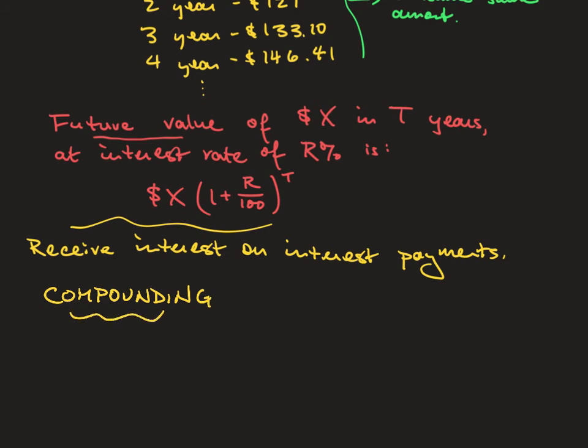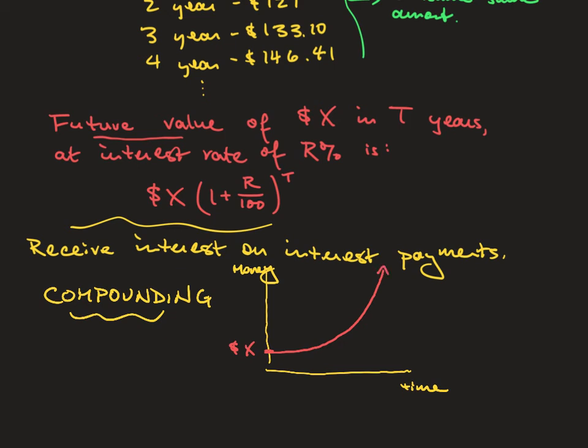Compounding interest. And so the growth in the money over time because of compounding interest: here we have time, here we have money. You start with X dollars at the beginning of time in year 0. The amount that you own will start to grow like this.